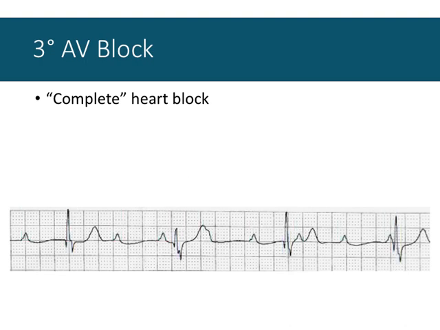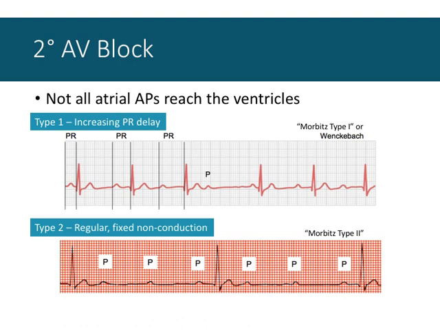On this slide, second-degree block here is untreated, and we see infrequent transmission of the signal through to the ventricles, which would deteriorate in time to eventually no signal getting through to the ventricles.